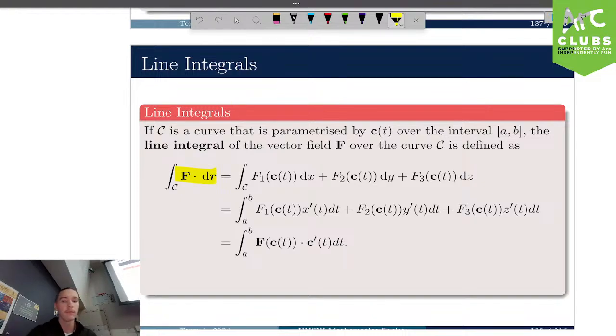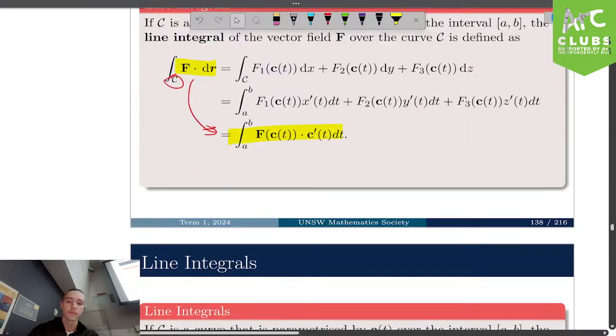With a bit of algebra, computing the dot product and expressing the position vector r in terms of x, y, z, we end up with this nice expression. We can take it out of this abstract form with the C and put it into something we can actually compute. This is just a formula that's given to us. It's really simple: parameterize the curve, plug the numbers in, and we're good to go.